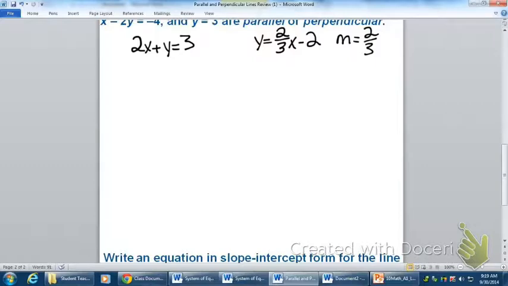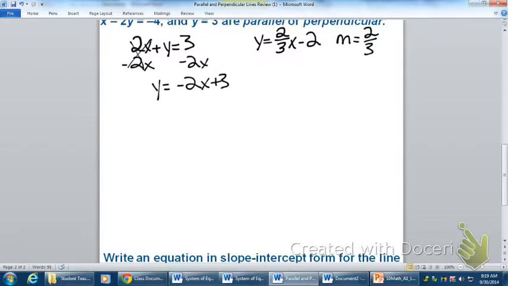So, Dakota, you need to get that in y equals mx plus b form. You need to figure out what the slope is. So, I need to subtract 2x from both sides. Okay? Now, can I tell what the slope is?